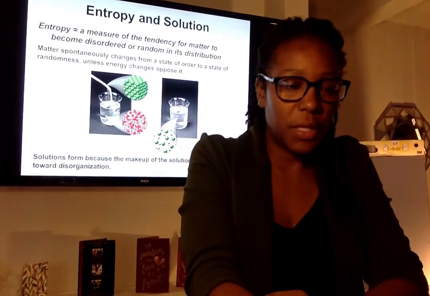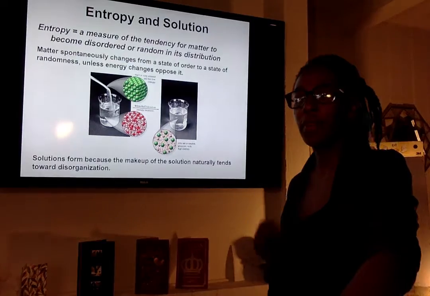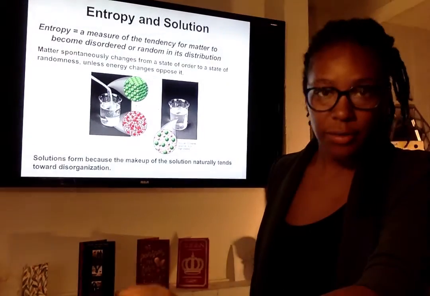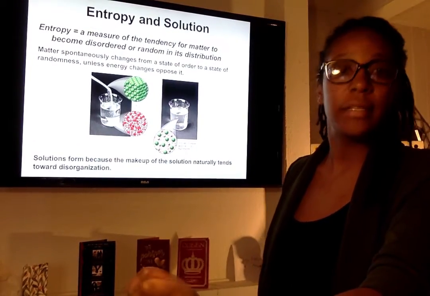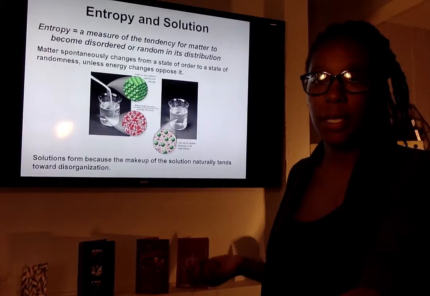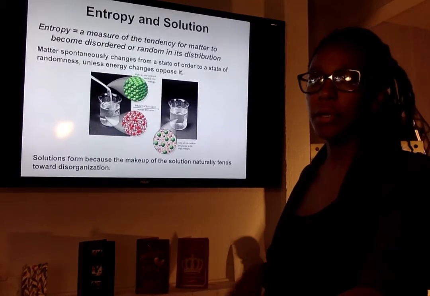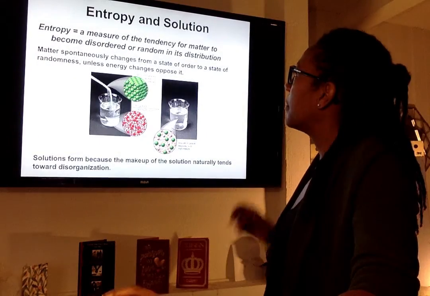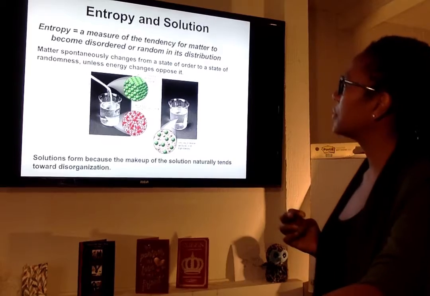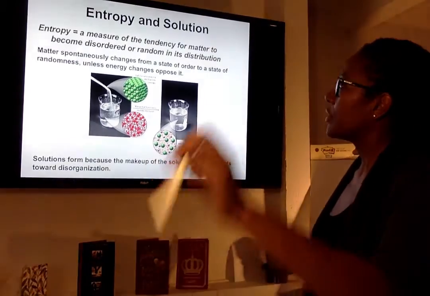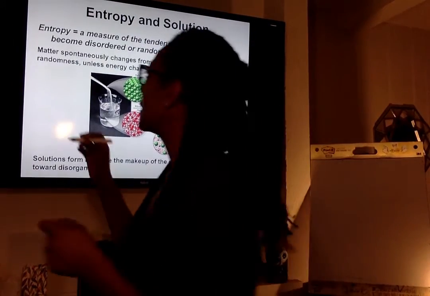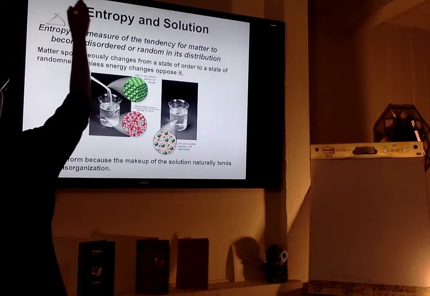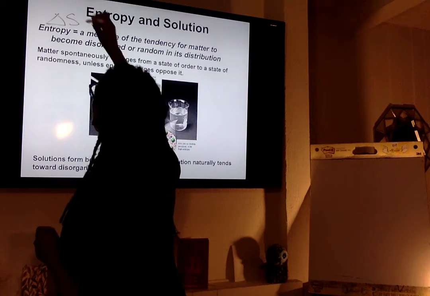Okay, entropy and solution. So we've heard of enthalpy, right? And enthalpy is heat. Okay, and entropy is a measure of the tendency of matter to become disordered. So you will see this sometimes as a delta S, right?